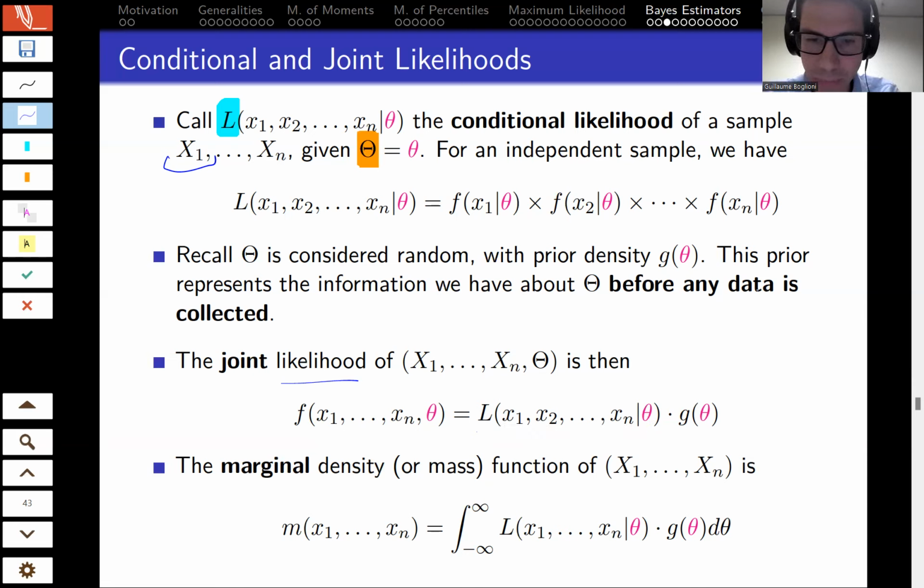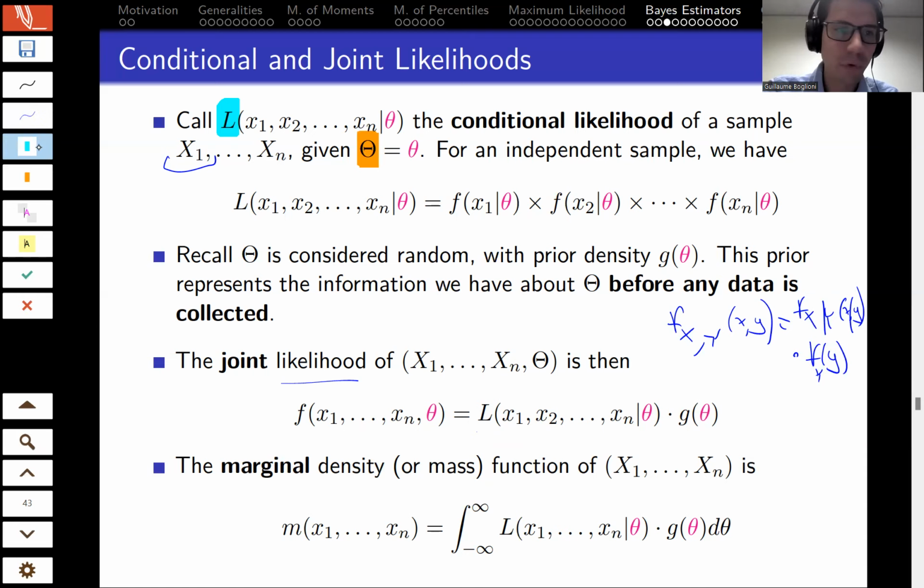In general, the joint density of any variables x and y is going to be the conditional of x given y times the marginal of y. And of course, you can invert this relation and say that the conditional density of x given y is the joint divided by the marginal of y.